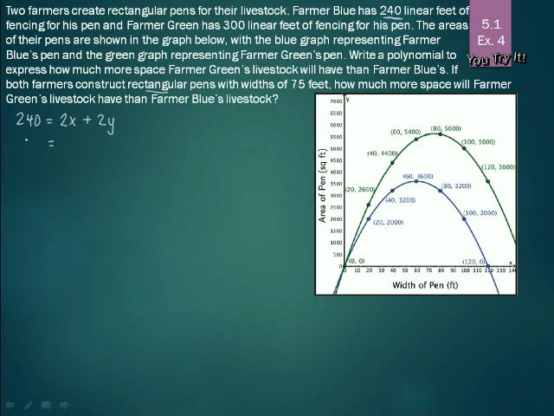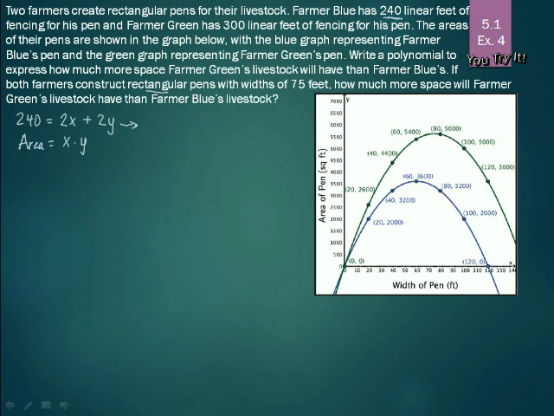To find the area, that's going to be length times width, so x times y. If we want to write a polynomial, we need it all in terms of x, just one variable. Because we have this other equation, we can solve the first one for y and then plug it in so that the second is in terms of x.